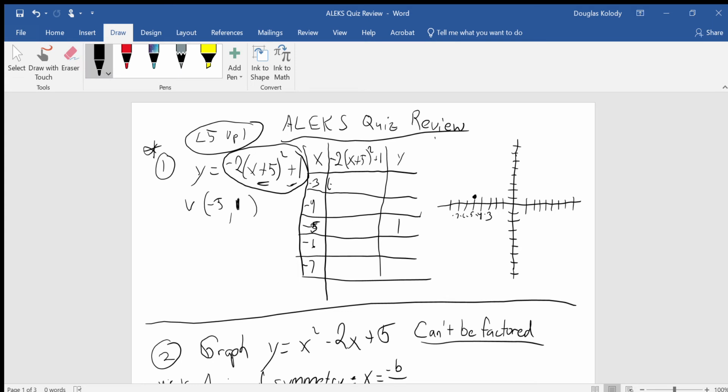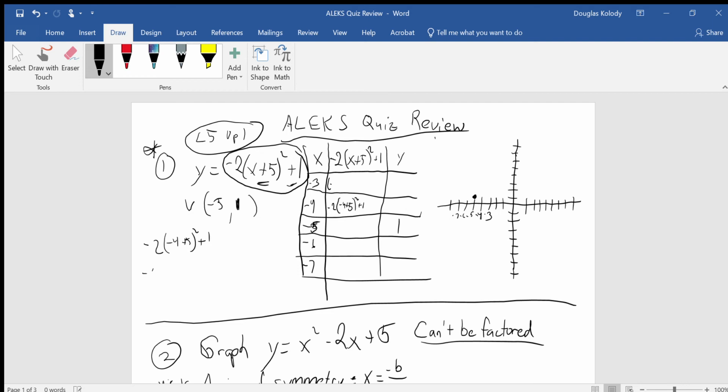So it's -2 times -4 plus 5 squared plus 1. Okay, so -4 plus 5 is 1. All right, and then 1 times -2, let me write it over here on the side. -2, -4 plus 5 squared, and then plus 1.